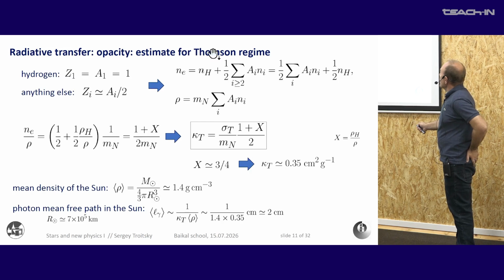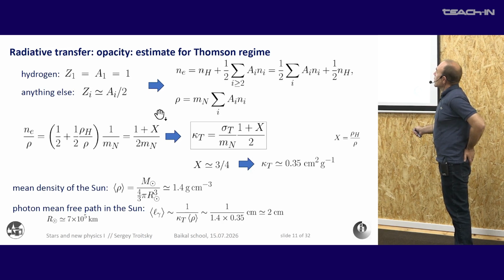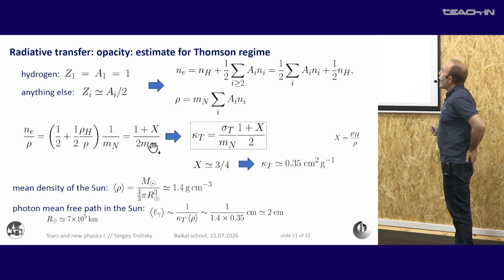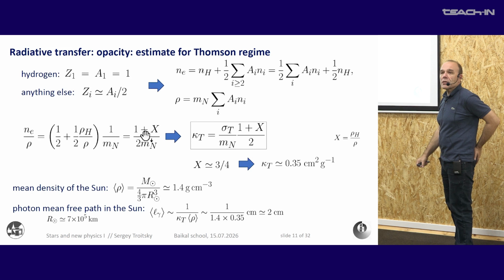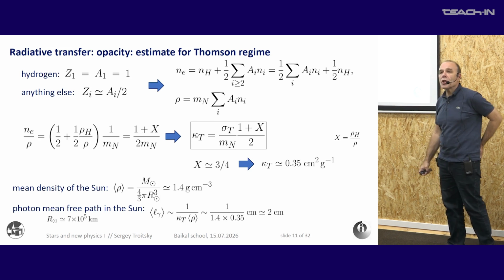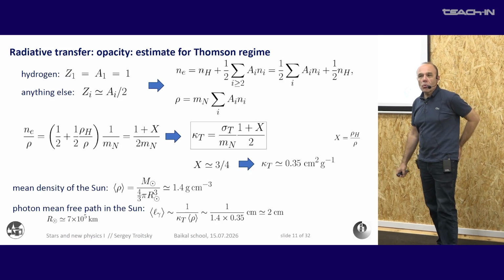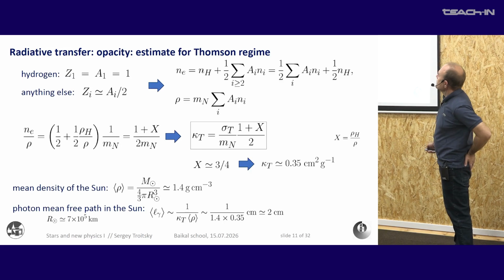Calculate the number of electrons in this way, summing up over chemical elements. Calculate the number of nucleons in this way, divide one by the other, and introduce this X. Large X, capital X, has nothing to do with the small x which I introduced to parameterize unknown unknowns, new physics.